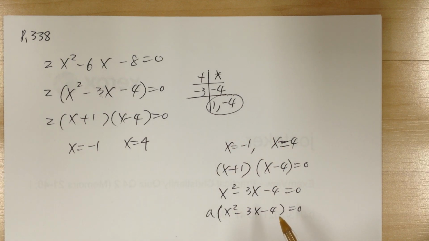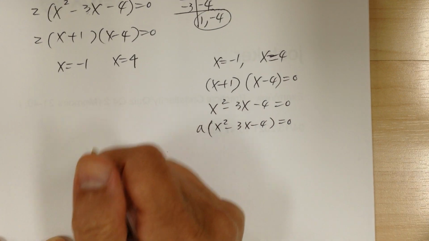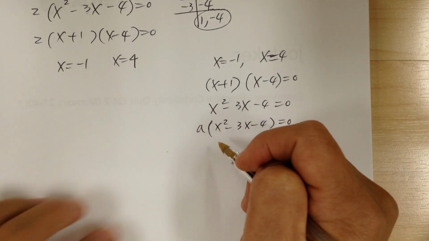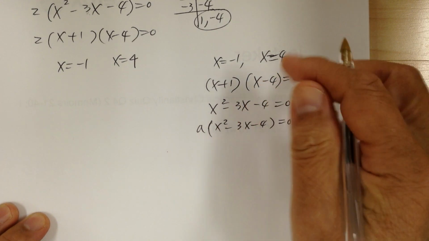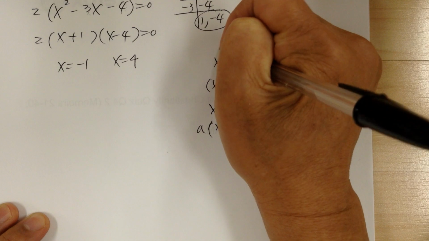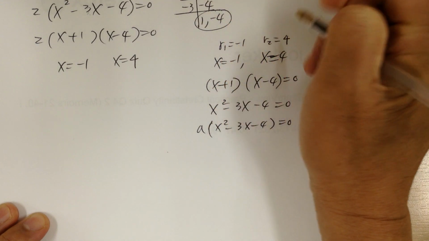Now the form is this. If you notice over here, you're going to get the relationship between the roots. This is your R1, this is your R2. R means the roots or the answers.